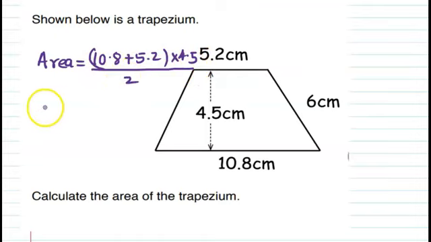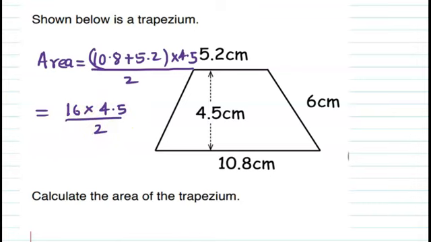Okay, that's fine. So once you add 10.8 plus 5.2, Hala, what is your total? 16. 16 times 4.5 divided by 2.